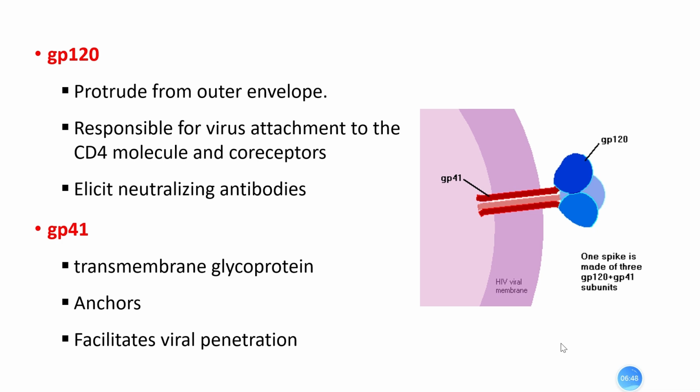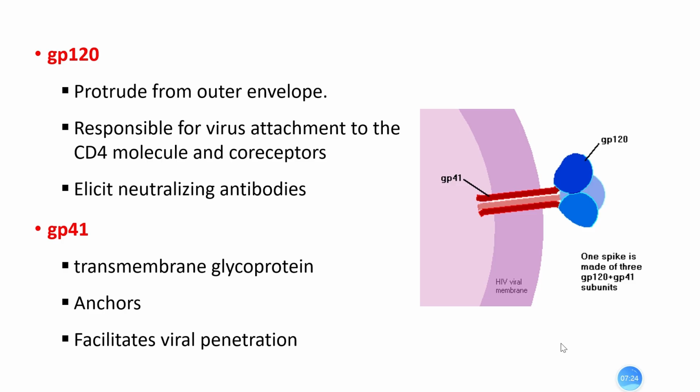Okay, the other one is GP41, which is a transmembrane protein. Here, the red one. GP41 anchors the GP120 on the envelope, okay? And GP41 can change its structure, the conformational change. And this conformational change mediates the membrane fusion of the envelope and the host cell membrane.